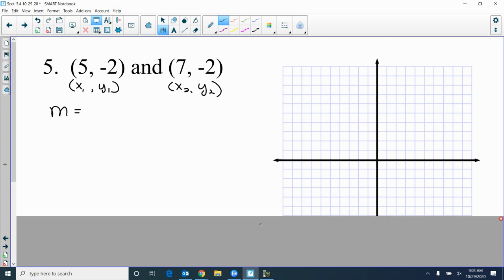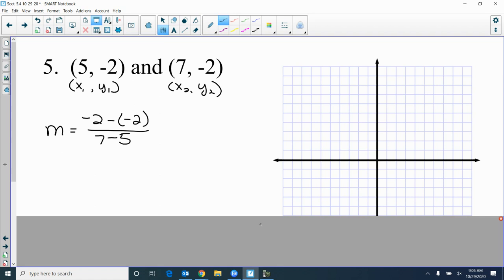Okay, so for this one here, George, you had your hand up? No, I didn't come up with the answer. Oh, okay, well, let me at least set up the subtraction. So for this one here, y2 is -2 minus y1, which is -2, over 7 minus 5.